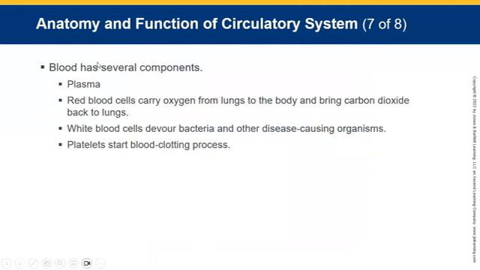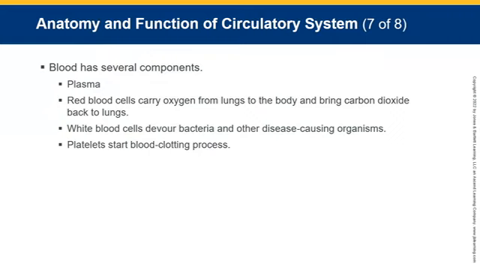Okay, the anatomy and function of circulatory: the blood consists of several different components. Obviously plasma makes up the largest portion, the volume, the liquid that is used to carry the blood around, then the red blood cells, the white blood cells, and the platelets.